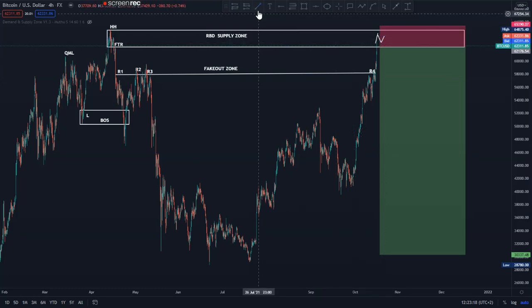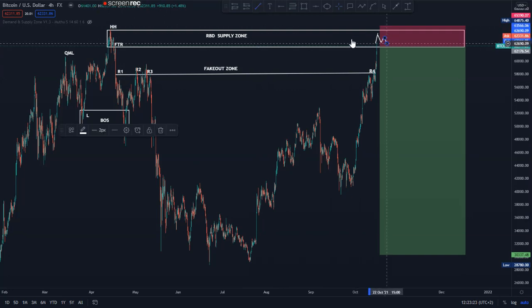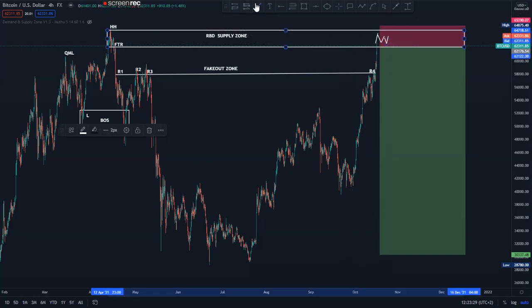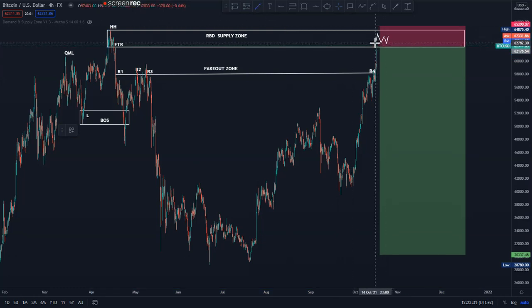If we can do something like that, we can actually get a fake out from there. If you can have something like this on this level, and then of course this will be a rising wedge.